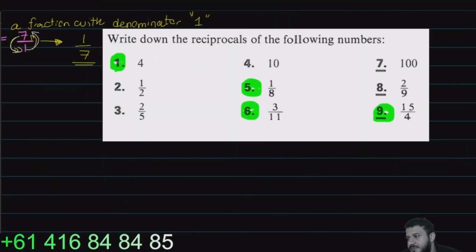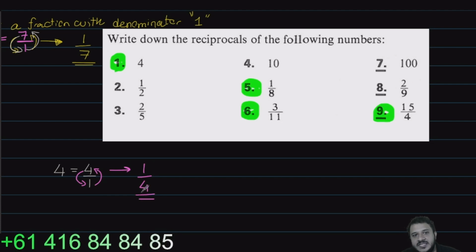Okay, let's have a look. 4 can be written as 4 over 1, right? And that 4 over 1, I can make it upside down to make the reciprocal. So 4 over 1 will become 1 over 4.